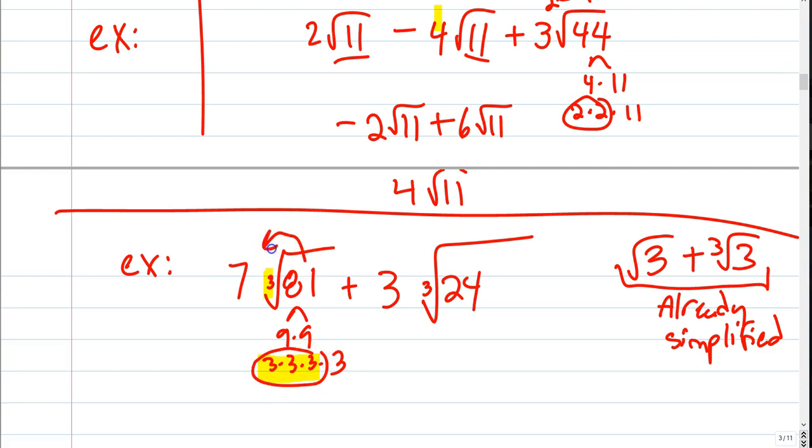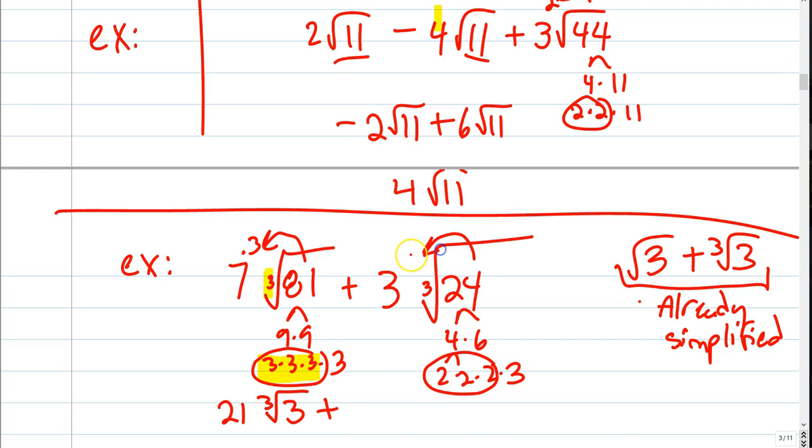Out comes a 3. 7 times 3, how about 21, third root of 3 plus 24, about 4 times 6, 2 times 2 times 2 times 3, group of 3. Out comes a 2. 3 times 2 is 6, third root of 3.